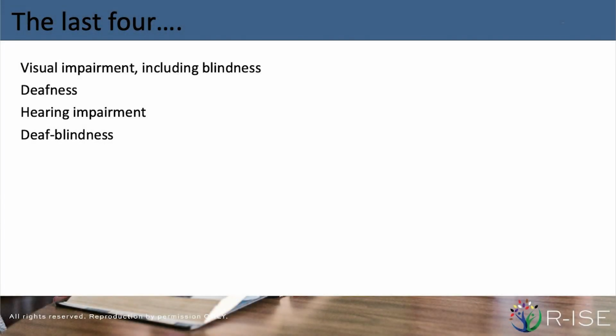And the last four areas of disability are visual impairment, which includes blindness. Remember, we often talk about someone who is visually blind. However, they may not be totally blind. They may just need large print in order to access educational materials. Deafness is another category which includes people who are completely deaf, have no ability to hear sound.